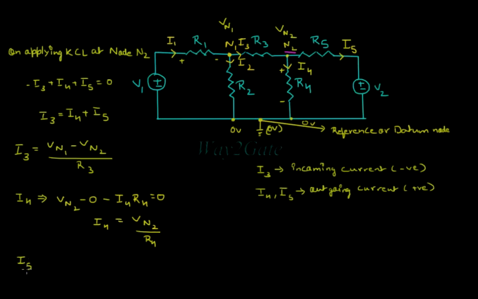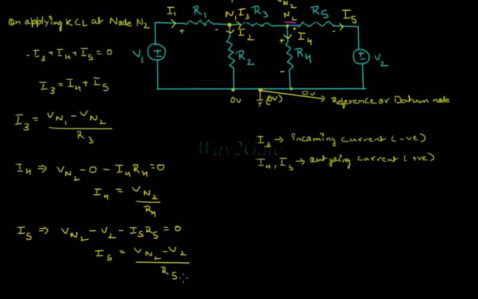I5 is current due to the potential difference between Vn2 and V2. I5 is calculated as Vn2 minus V2 minus I5 R5 is equal to 0, or I5 is equal to Vn2 minus V2 divided by R5.